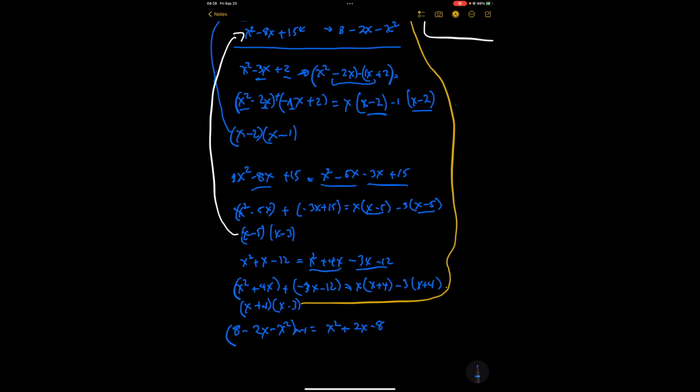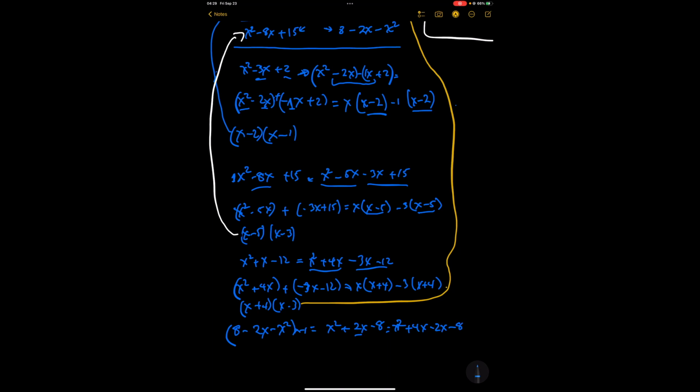So, what would that be now? What two numbers, when you multiply, you get 8, and when you add them, you get 2? That would be 4 and 2. So that would be x squared plus 4x minus 2x minus 8, right?